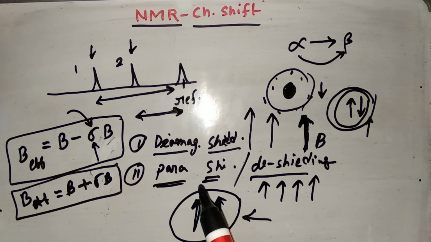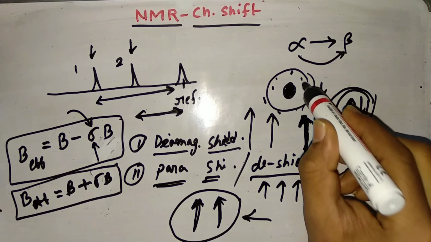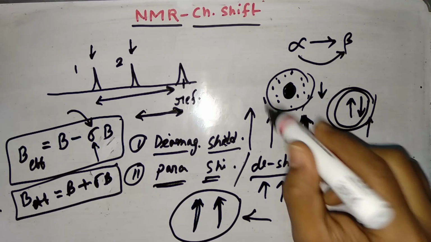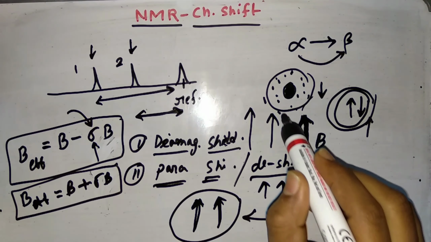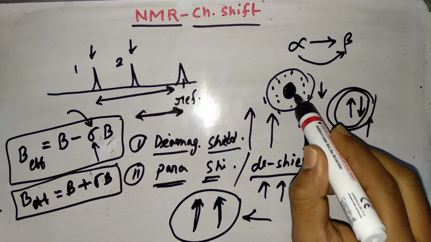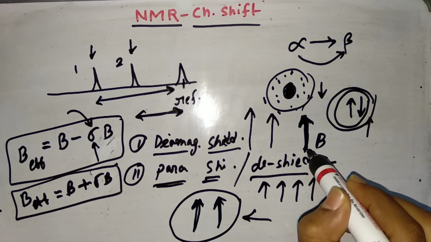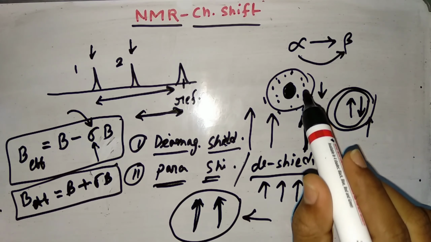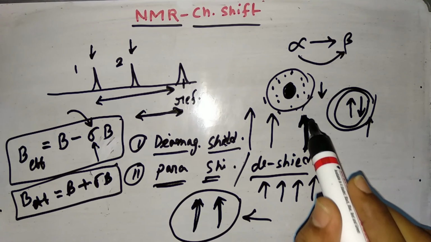Now I want to add something, that the diamagnetic shielding depends upon the electron density. How? If the electron density is more, then all the electrons can shield the nucleus, and if we apply the external magnetic field, then all the electrons will oppose the external magnetic field.